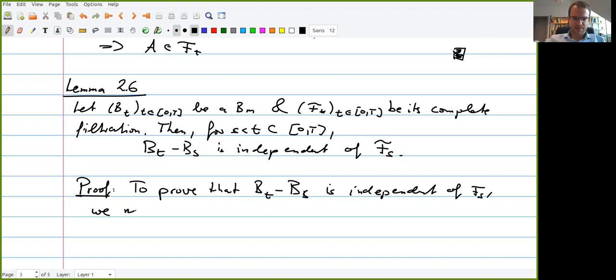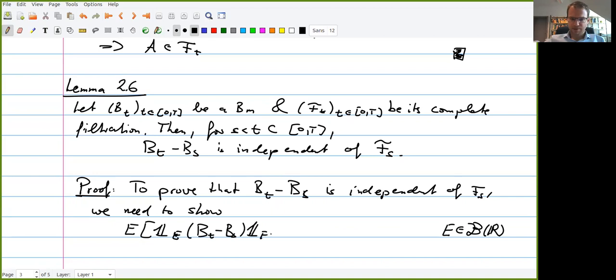We need to show this. So I look at the set generated by the increments of a Brownian motion: the indicator function of the set E, where E is just a Borel measurable set, applied to the increment, multiplied by the indicator function of the set F, which is in the sigma algebra of s.